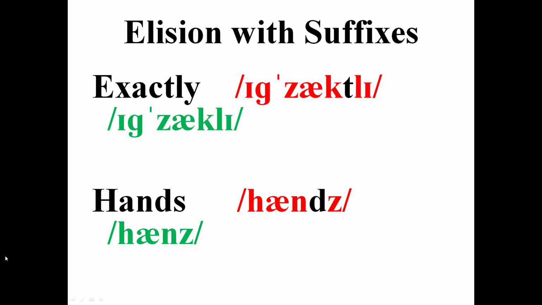In the second example, hands, when you write it, it will be "hands", but when you speak it fluently, it will become "hans". The d sound will be dropped. So in the first one the t sound may disappear, and in the second example the d sound may also disappear. Both will be called elided sounds.